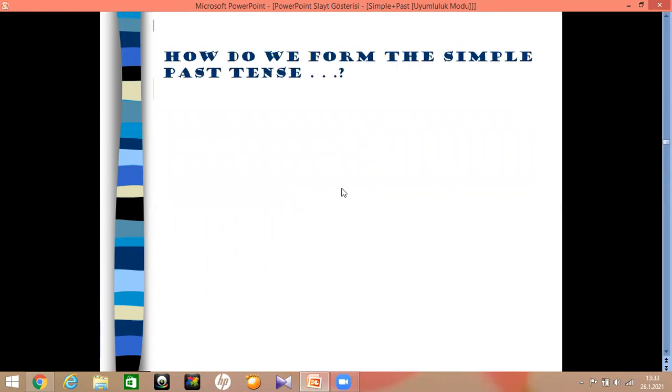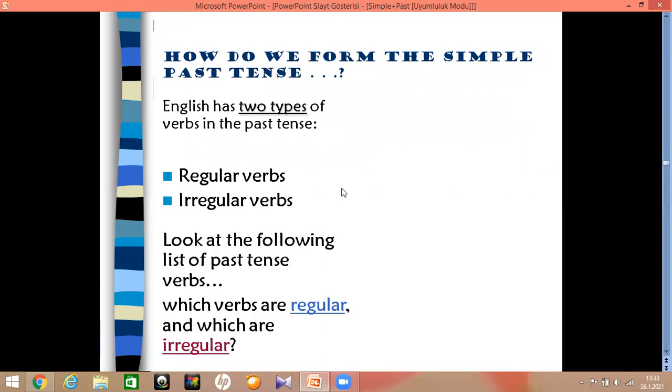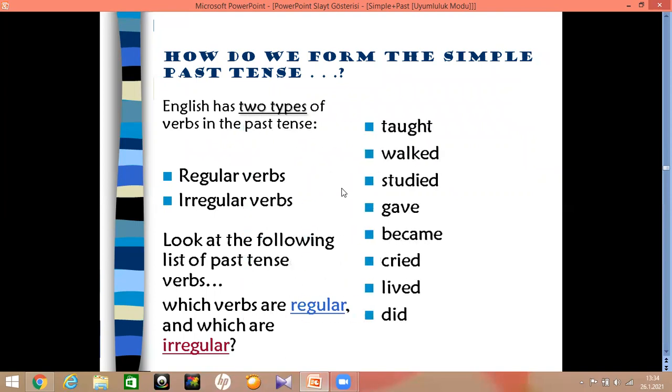How do we form the simple past tense? English has two types of verbs in the past tense. First one, regular verbs. And second one, irregular verbs. Look at the following list of past tense verbs. Which are regular and which are irregular? Taught, walked, studied, gave, became, cried, lived, did. As you see, taught is an irregular verb.